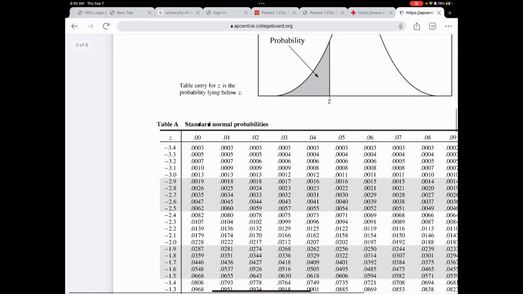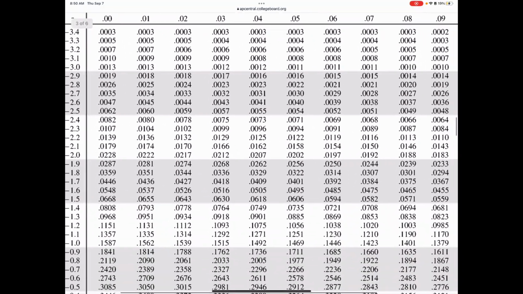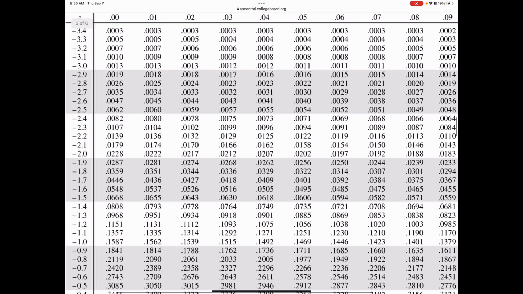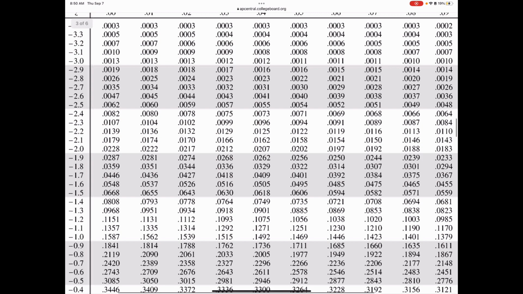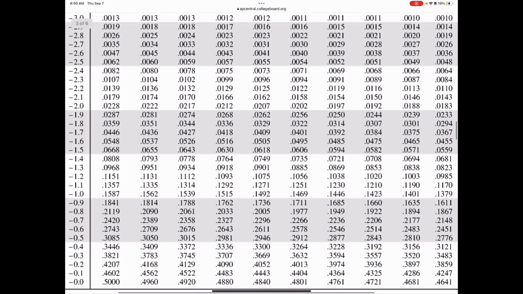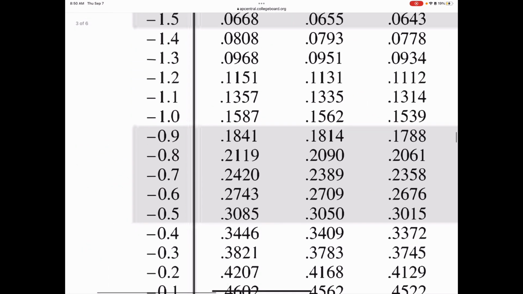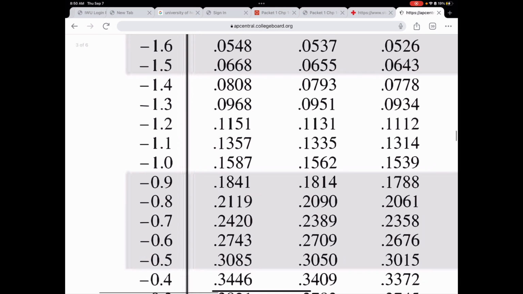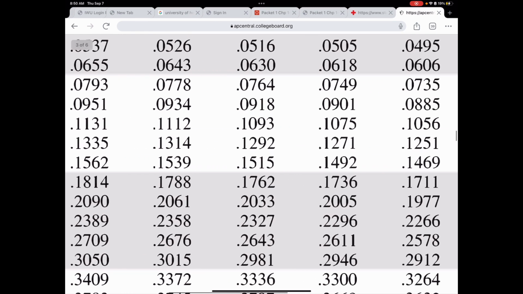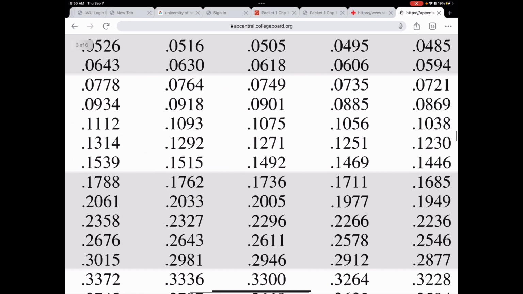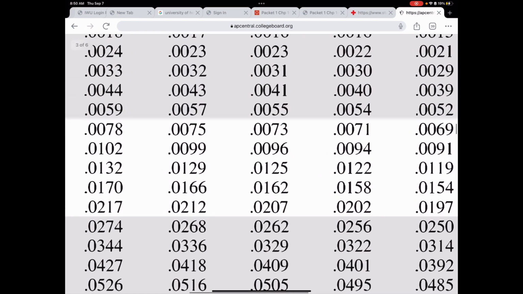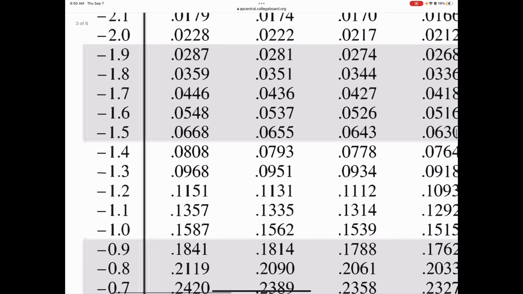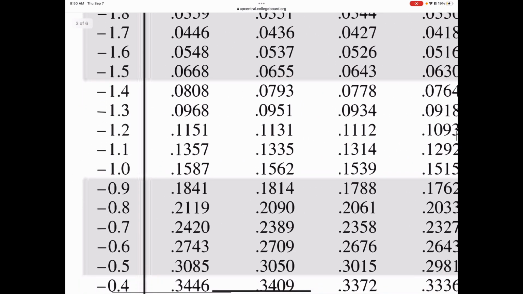So let's look for a z-score. Remember, these values are the percentage under the curve that's shaded. Let's look for a z-score of negative 4.5. So negative 4 is here. The first value is 0, 1, 2, 3, 4, 5, and if you go all the way to the top, you'll see that's 0.5. So I'm looking for negative 4.5.